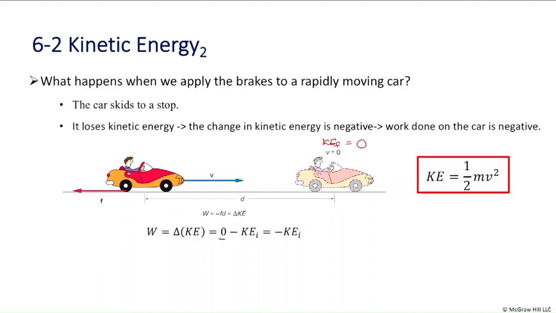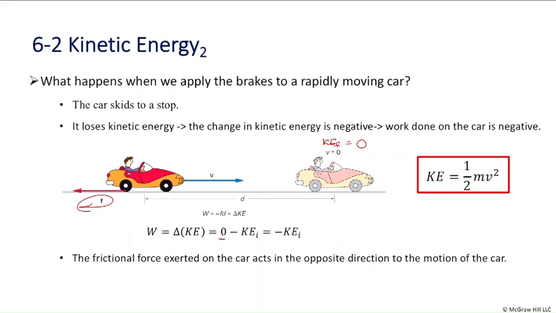Now think about this. Why does the car stop at all? What force is acting? So when you brake, the frictional force acts on the car in the opposite direction to its motion. Because the force is opposite to the displacement, the work done by friction is negative work, remember?